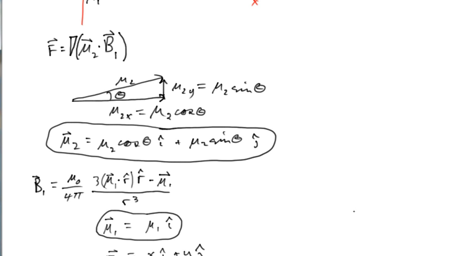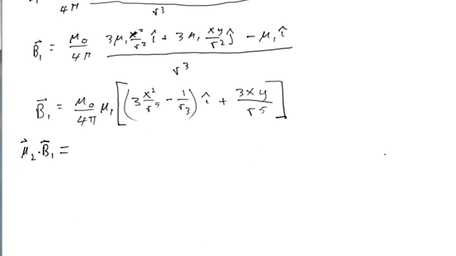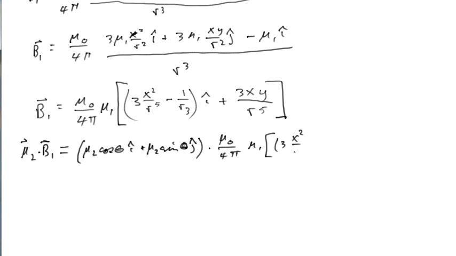Mu2 cosine of theta times I hat plus mu2 sine of theta times j hat, dotted into what I just found, times, yeah, this looks like an R sub 3 there.